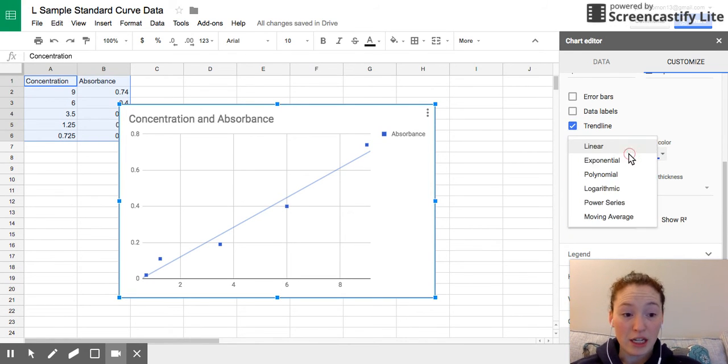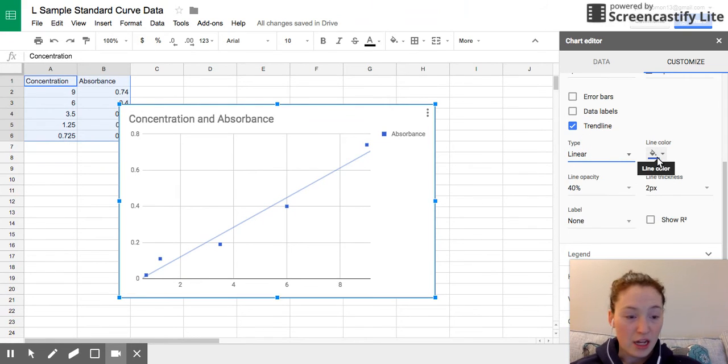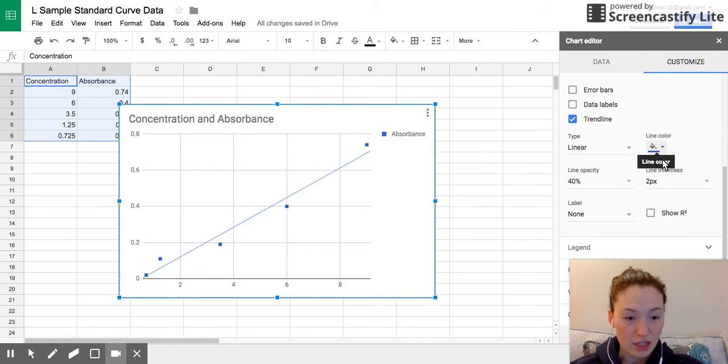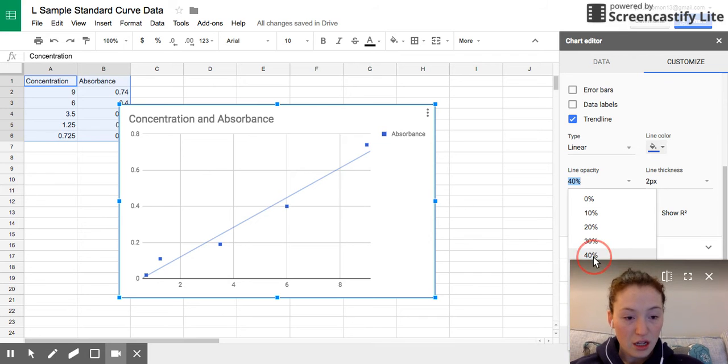I want it to be linear, though it could be other things depending on my data. Again, I can change the color. I can change how opaque that line is. I might go up in opaqueness. I can change how thick it is.